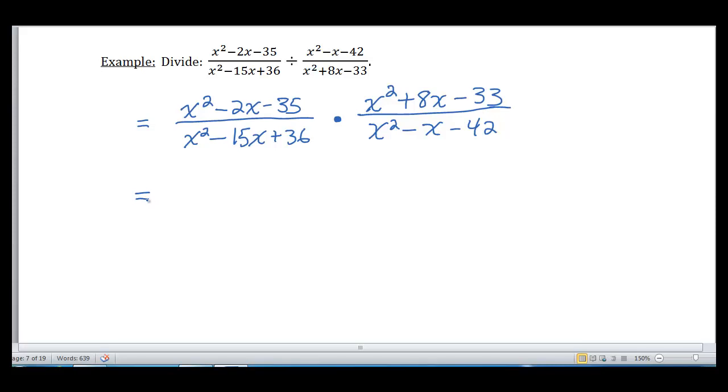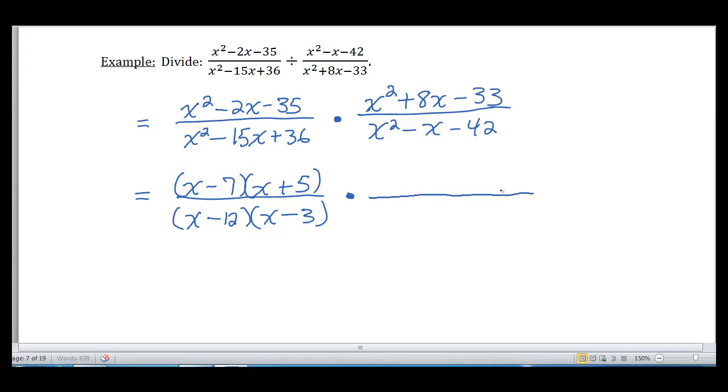So as we continue forward, continue as if we were beginning with this multiplication problem right here. We're going to factor all the numerators and denominators. So I have x here, a minus 7 and a plus 5 will both work. In this denominator, x minus 12 times x minus 3 is how we factor that.